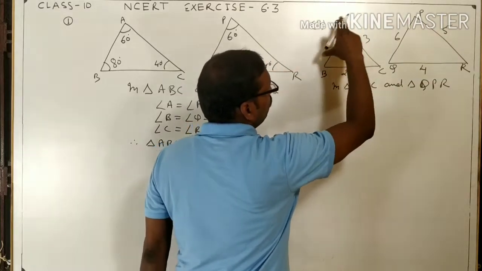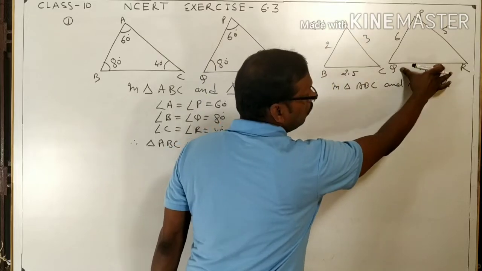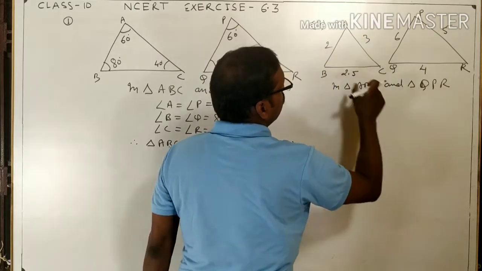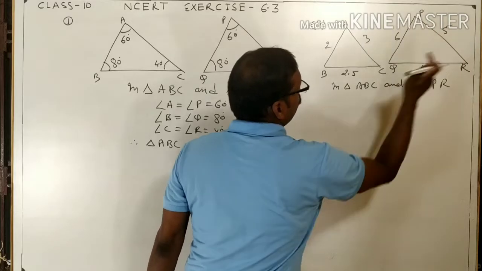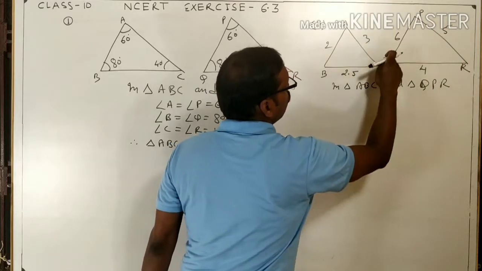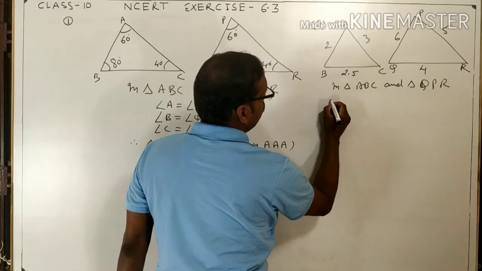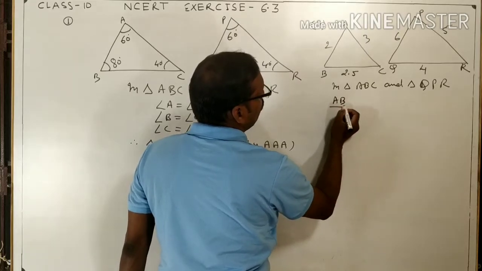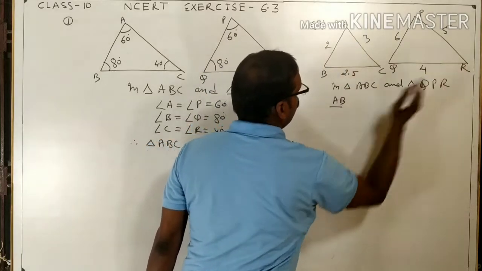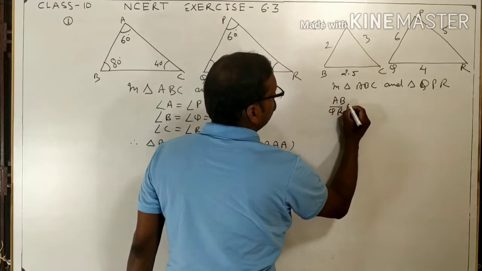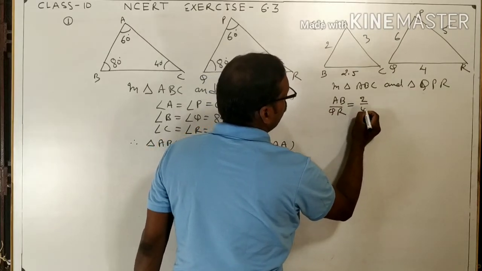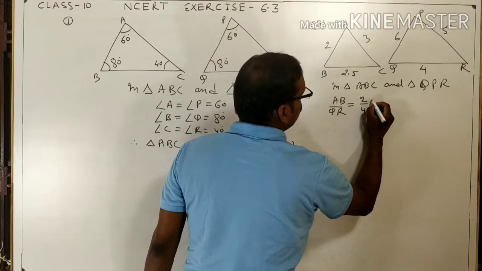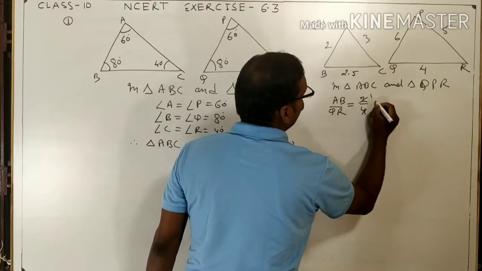Therefore, AB and QR are corresponding sides, PR is the corresponding side of BC, and PQ is the corresponding side of AC. So we write AB by QR equal to 2 by 4. This is 1 by 2.